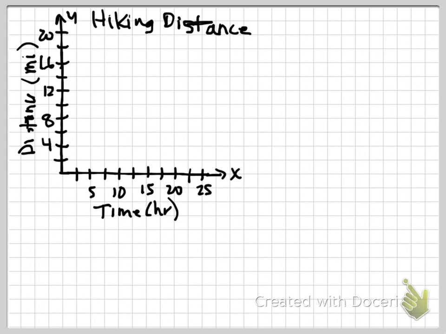Okay. So I'm going to put boldly some dots. So we're going to start always at 0, 0, because if you aren't traveling time-wise, you're not going to cover distance-wise. So this is our first one right there. So 5 time and 6 on the distance. And then the time is 10 when the distance is 12.